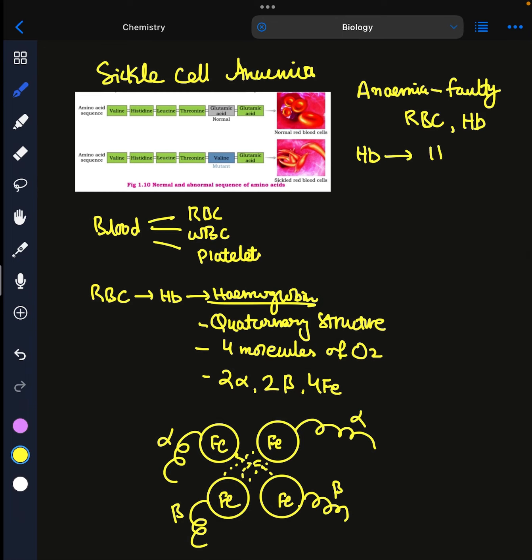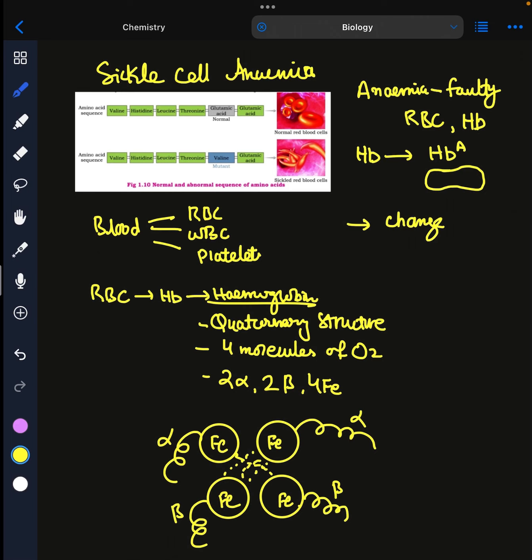A normal hemoglobin is represented like this, with a capital A on the right corner of these two letters H and B. This is the representation of normal hemoglobin, when the RBC has the capacity to carry four molecules of oxygen at a time. So anemia is caused when there is a change.